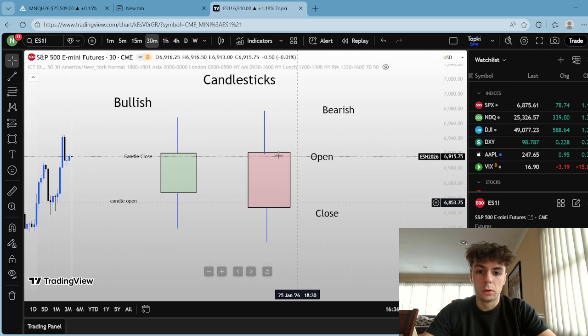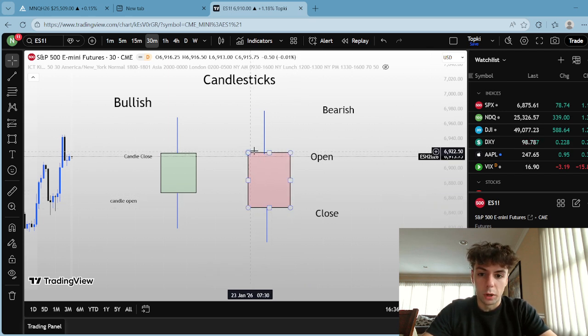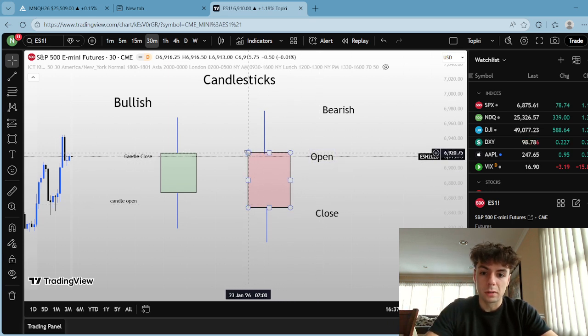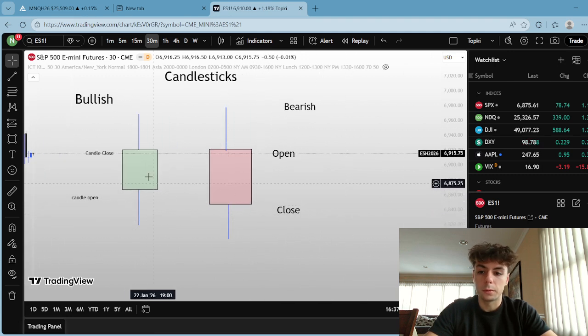So for this example, the bearish candle opened here, it closed here, and when it opened here at some point, let's say this is a 60-second candle, during these 60 seconds, it came all the way up here, it came all the way down here, but when the minute was over, let's say we opened at 5:37. So at 5:37 we were here. Somewhere between 5:37 and 5:38, we came all the way down here, and then at 5:38, the candle closed here, and the next one started to form after it.